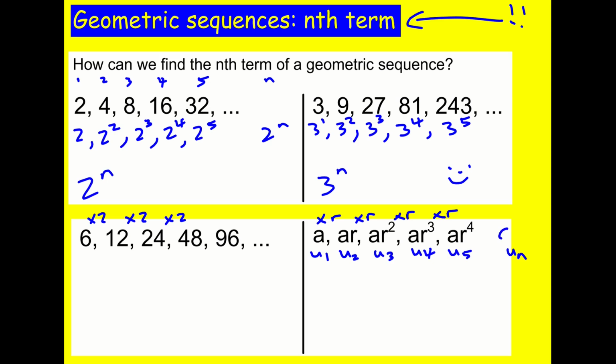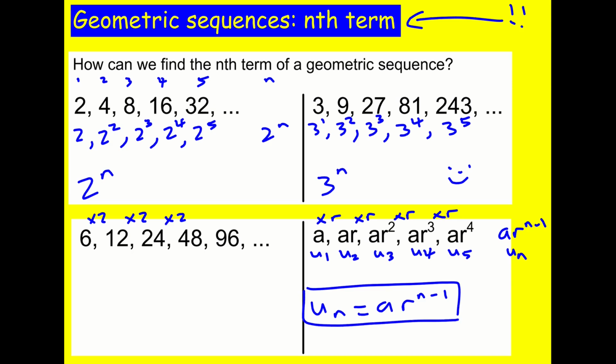So it's going to be a r to the n minus 1. And to be honest, if you can remember this, it's a really good formula to know that you can then apply really quickly to work out the nth term of geometric sequences.